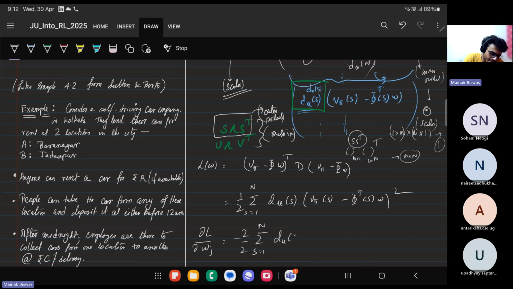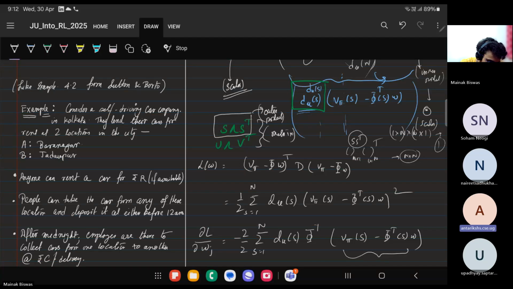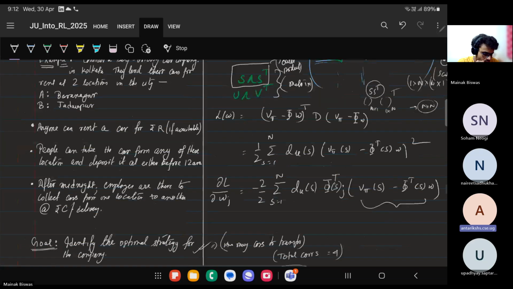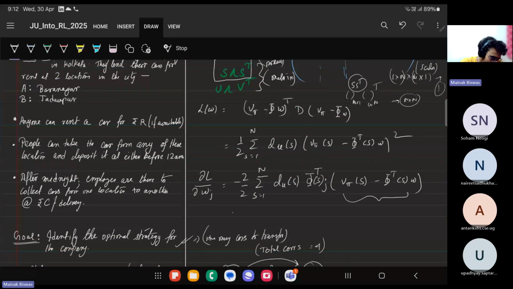The differentiation is still going to be the same, yes or no? All the other terms other than W_j would disappear. So this is again the same, just the D matrix is multiplied. Do you agree? This is the same thing except the D matrix being multiplied.